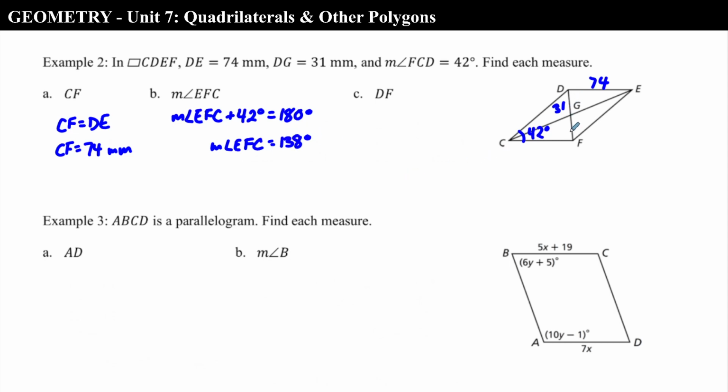And then finally, DF. Well, we know that DG is 31. So DF, because the diagonals are bisecting each other, is going to be 2 times DG, which is 2 times 31. So DF is going to be 62 millimeters.